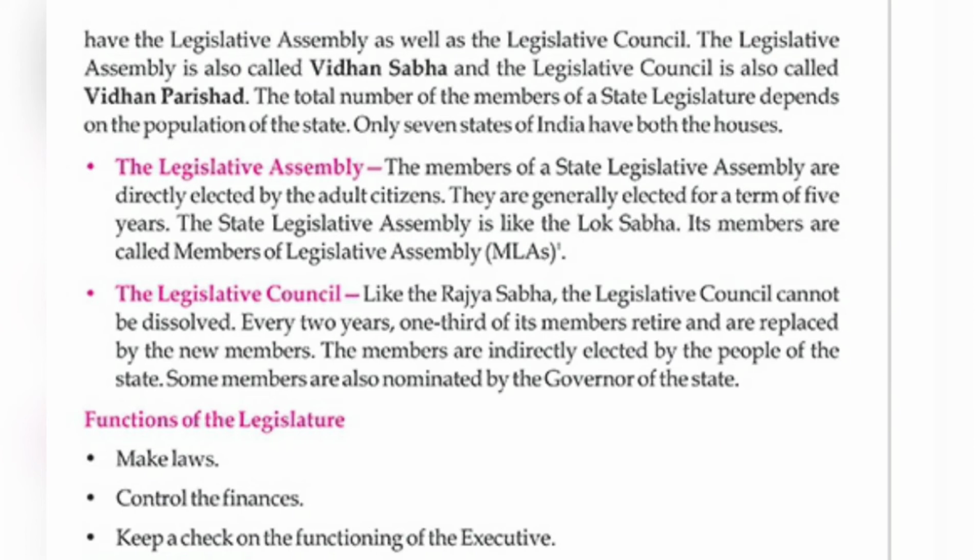They are generally elected for a term of 5 years. So the state legislative assembly is like the Lok Sabha. Its members are called members of the legislative assembly, or in short, MLA.